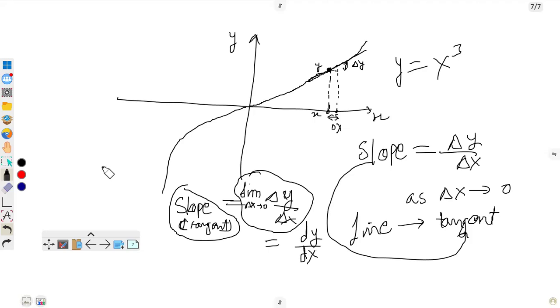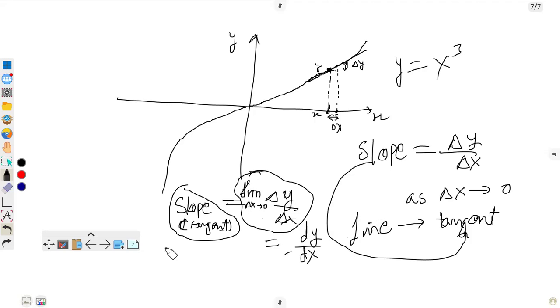Right? This is just the definition. This is the way of representing a limiting process, and the value of this limit is the slope of the tangent, right? This is clear now.